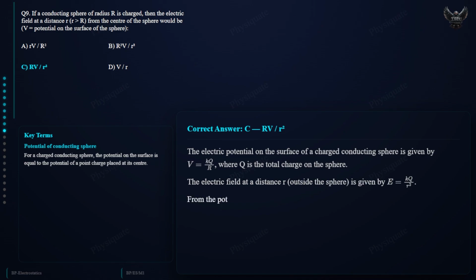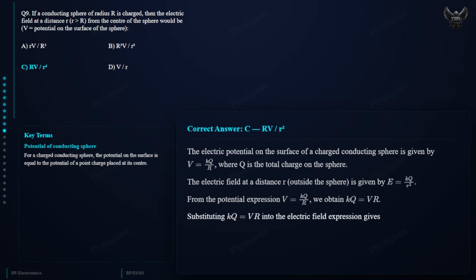From the potential expression V equals kq divided by r, we obtain kq equals Vr. Substituting kq equals Vr into the electric field expression gives E equals Vr divided by r squared. Therefore, the electric field at distance r from the center of the sphere is E equals Vr divided by r squared.